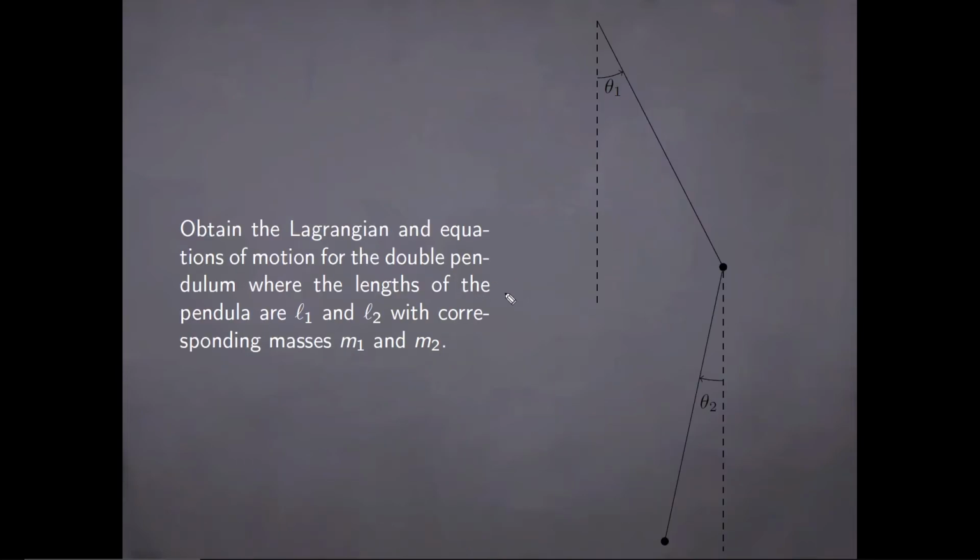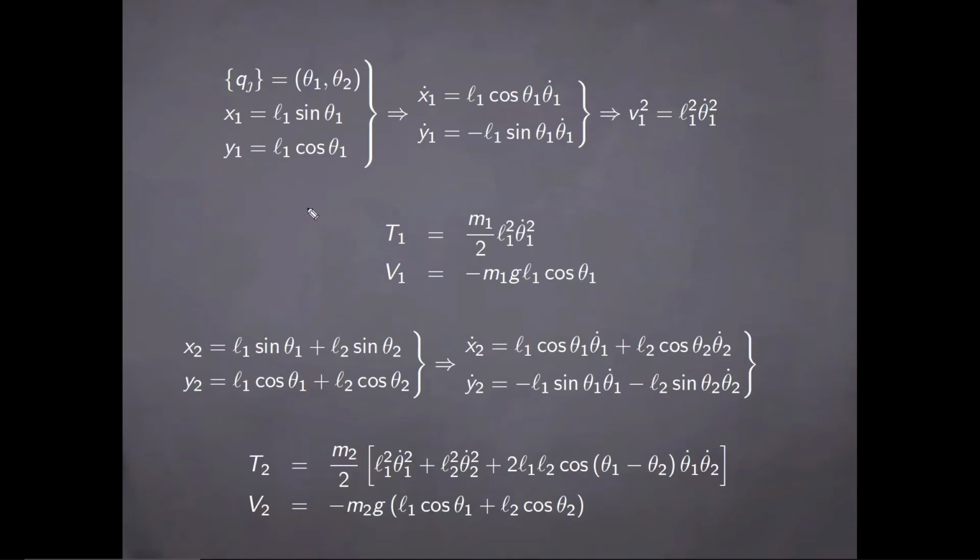And the last problem for today involves the double pendulum. We are to obtain the Lagrangian and equations of motion for the double pendulum, where the lengths of the pendula are L1 and L2, with the corresponding masses M1 and M2, and their angles with the vertical are theta 1 and theta 2. This is very simple and straightforward.